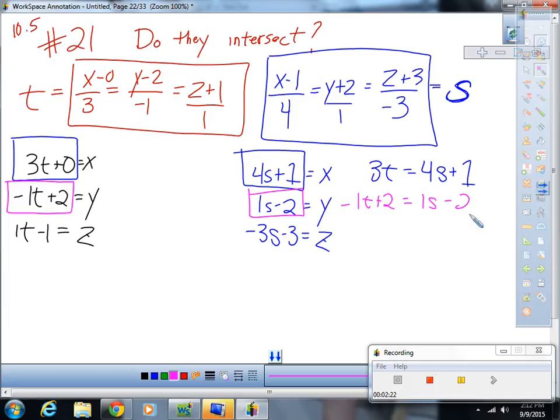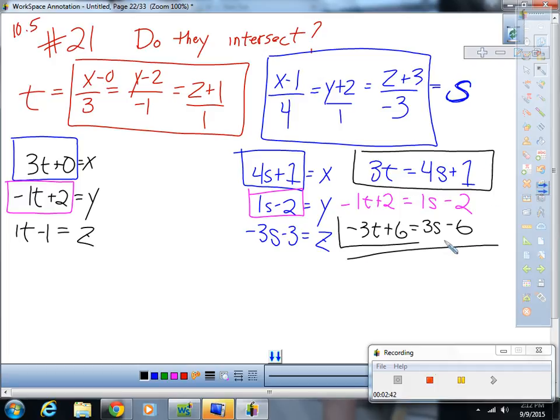Alright, let's see. Let's just multiply the bottom one by 3 and get negative 3t plus 6 equals 3s minus 6. Let's add this equation to this equation using the elimination method.